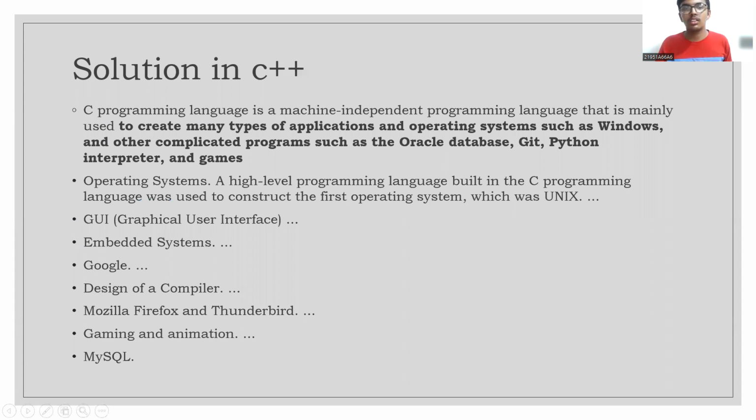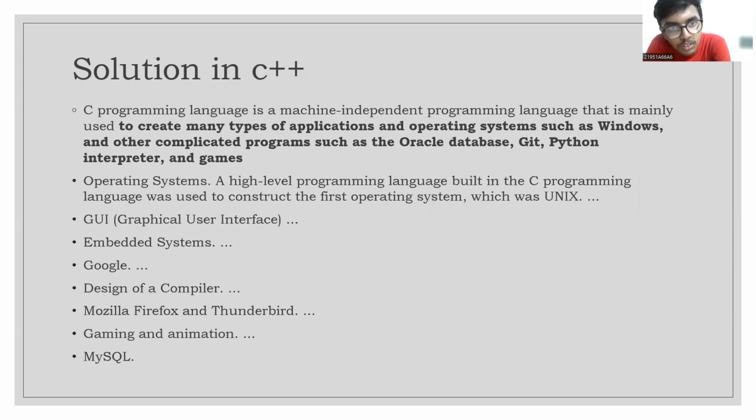Next, the C programming language is a machine independent programming language that is mainly used to create many types of applications and operating systems such as Windows and other complicated programs such as the Oracle database, Git, Python interpreter, and games.